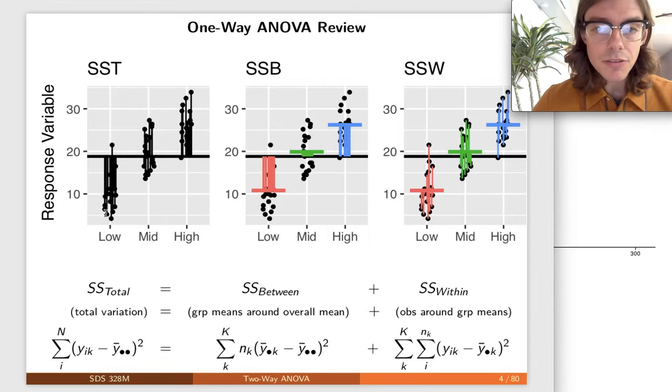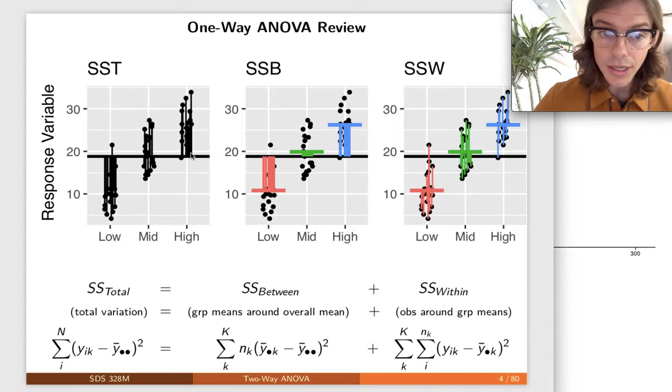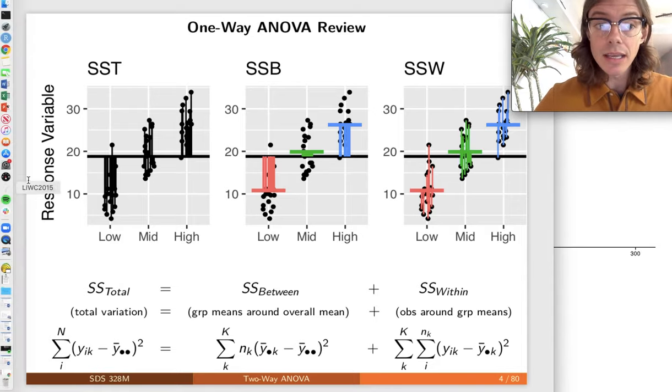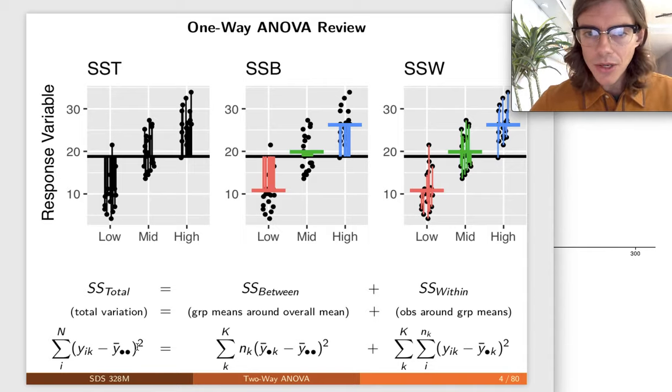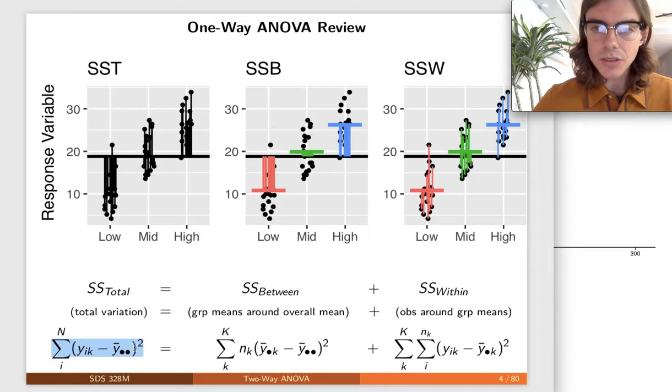So you see how far each data point is from the grand mean, you take that difference, you square it, and you add them up for all the guinea pigs. That gives you the total sum of squares, or the total variation in the response variable. And that's really all it is. If you remember how to calculate a standard deviation or a variance, you'll notice that this is just the numerator of a variance, right?